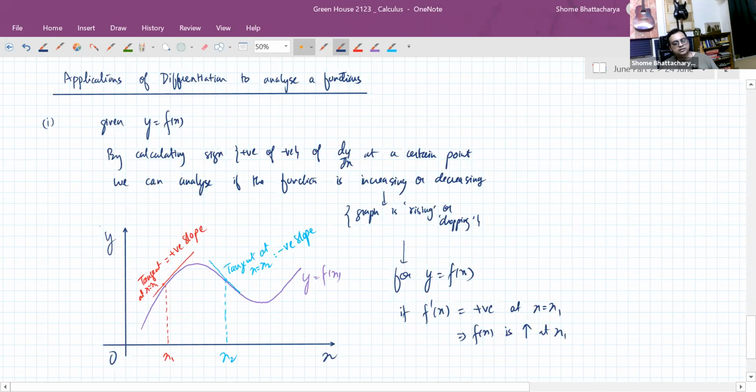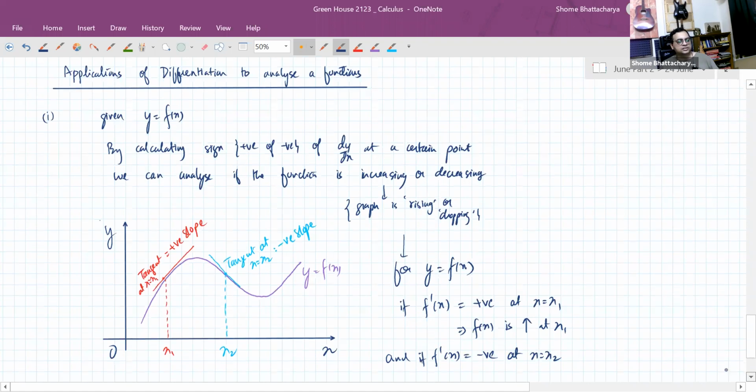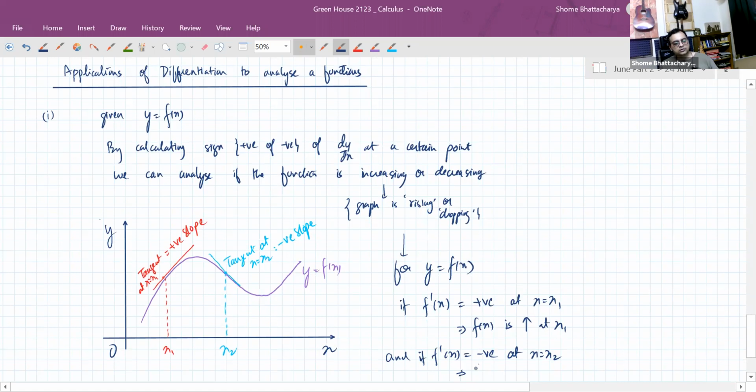And if f prime x is a negative quantity at x equal to x2, that implies the function is dropping, or decreasing, at x equal to x2. Just make a quick note of this concept, then we will see how we use it.